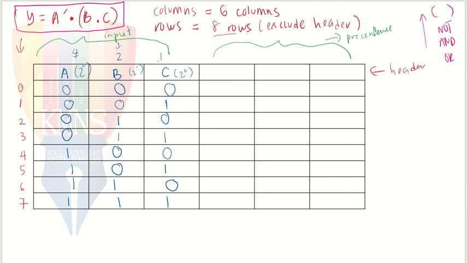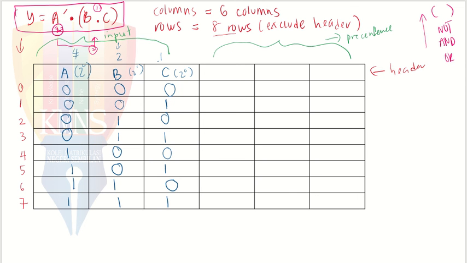Over here, because you have the bracket, the first one you will do is b dot c. Next, because you have NOT over here, the next thing you will do is number 2, a prime. And the last one, you will combine these together, so this will be the third step.